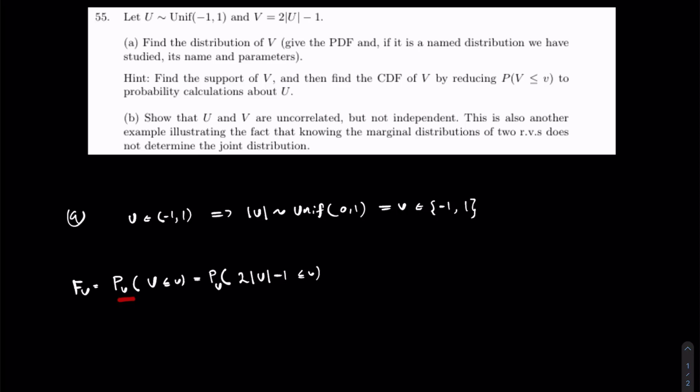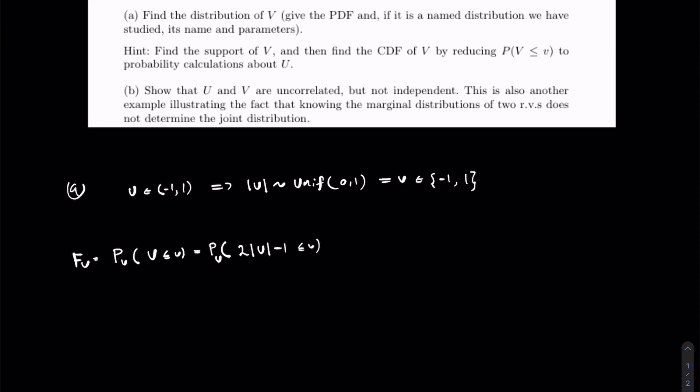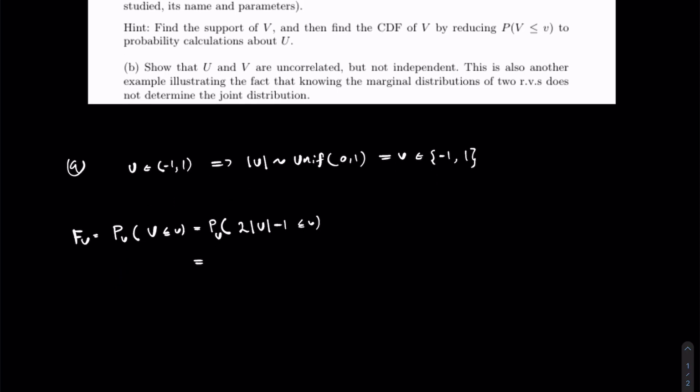So this is a v and that's a u. Just collecting all the terms to the right here, we get the absolute value of u.